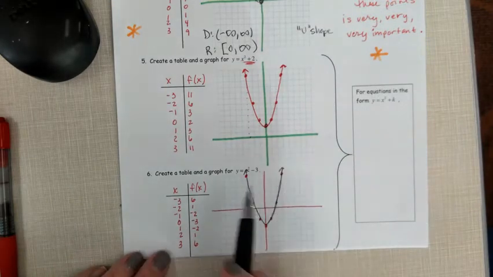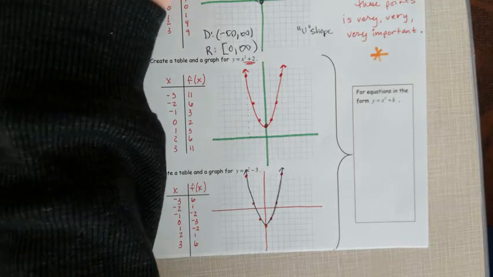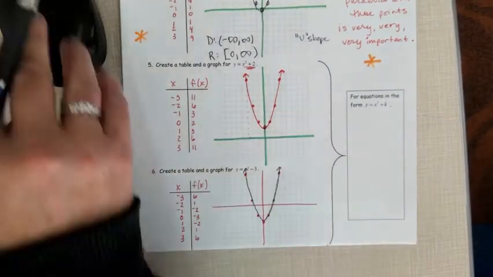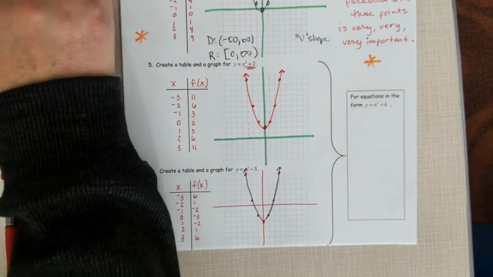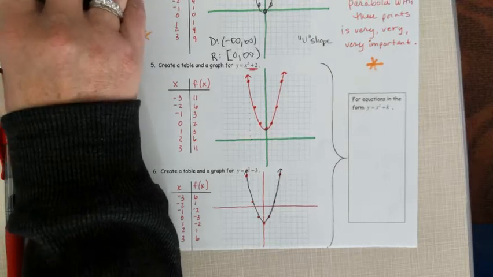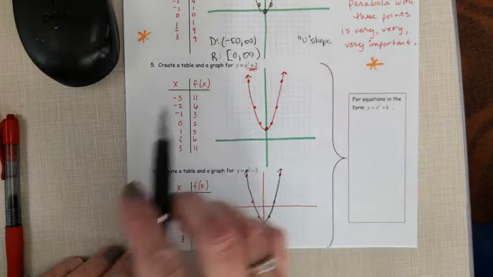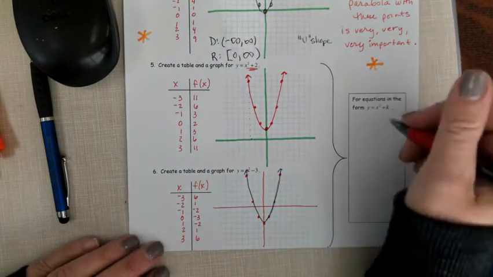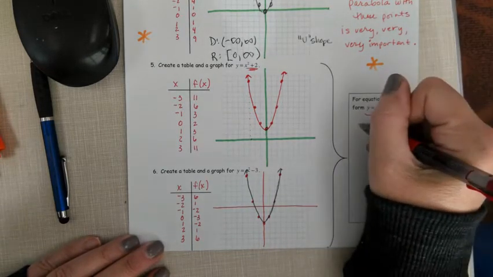So let's take a look at this. We look at it from the parent graph. Let me zoom out a little bit. I think I am zoomed out. Okay. So the parent graph has its original, this is called the vertex, that beginning point there. So the graph is the same for equations in the form x squared plus k.